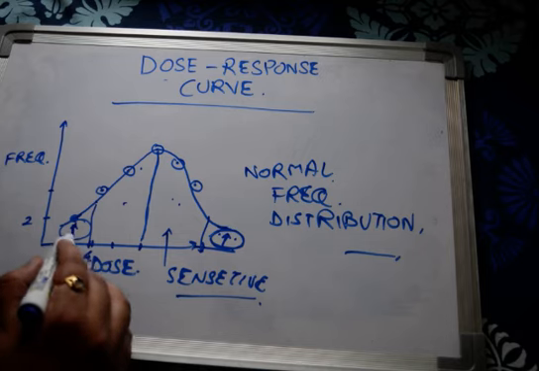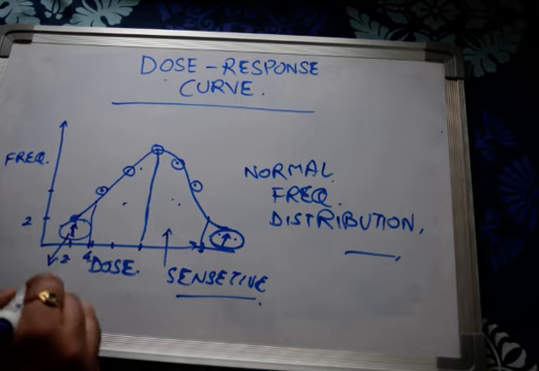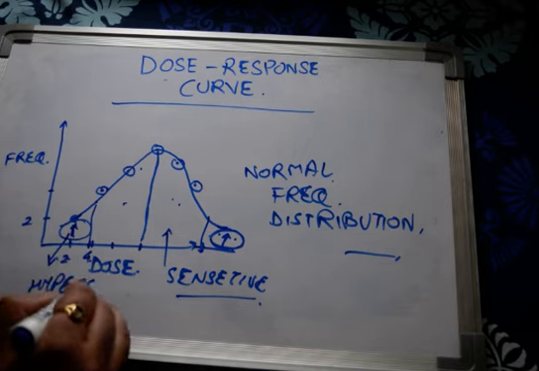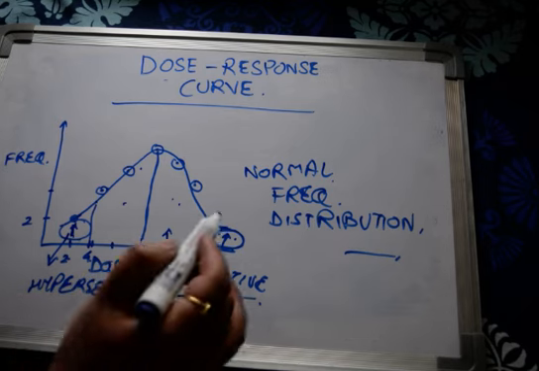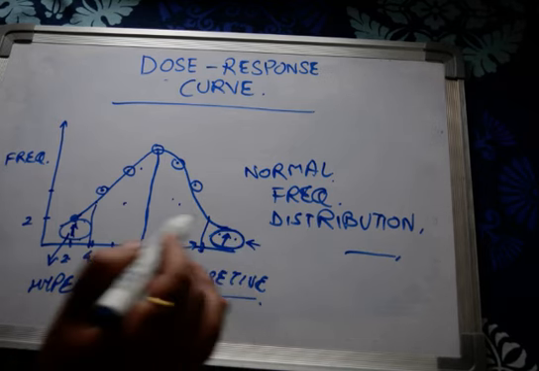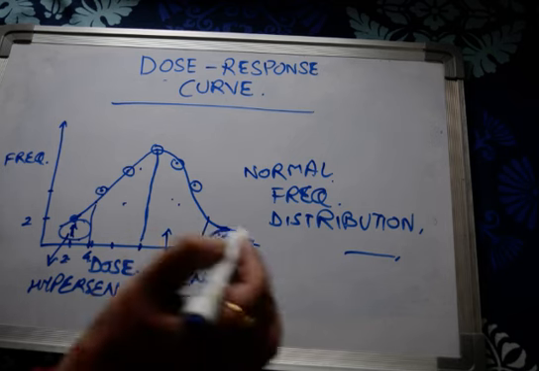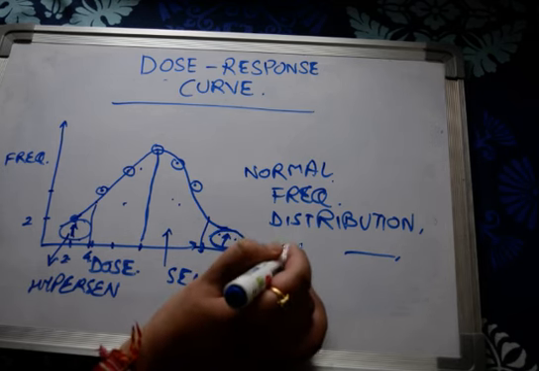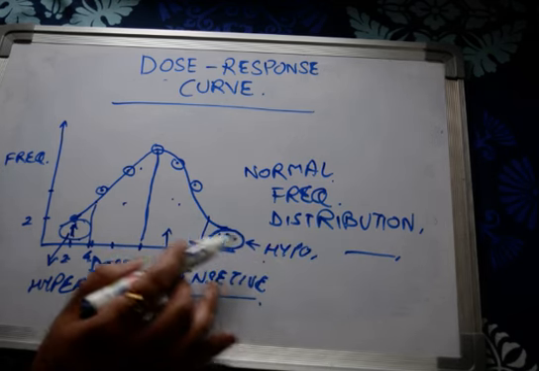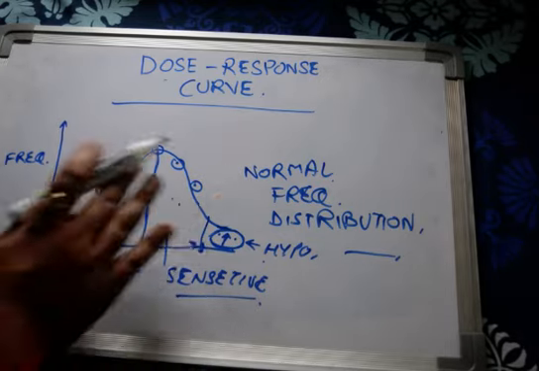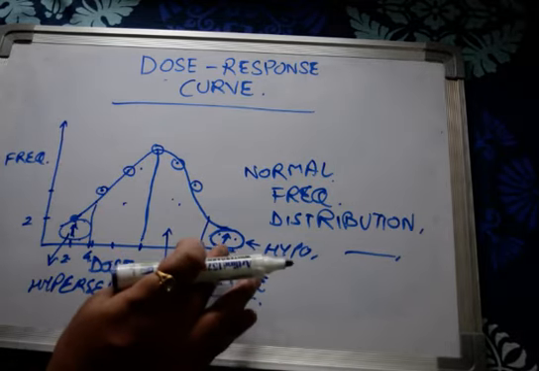And then there are some who are hypersensitive, since they have responded to a very small dose, and then there are some who are hyposensitive. Okay, and these are some which we call the hyposensitive. They will fall towards the extreme right side of the curve.